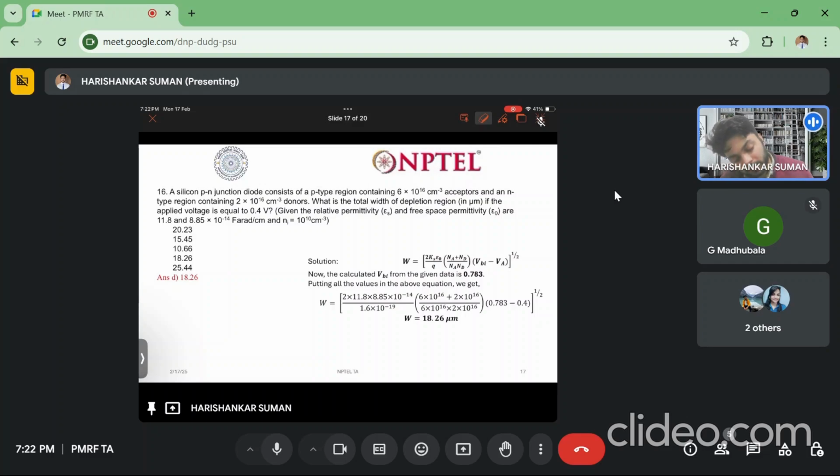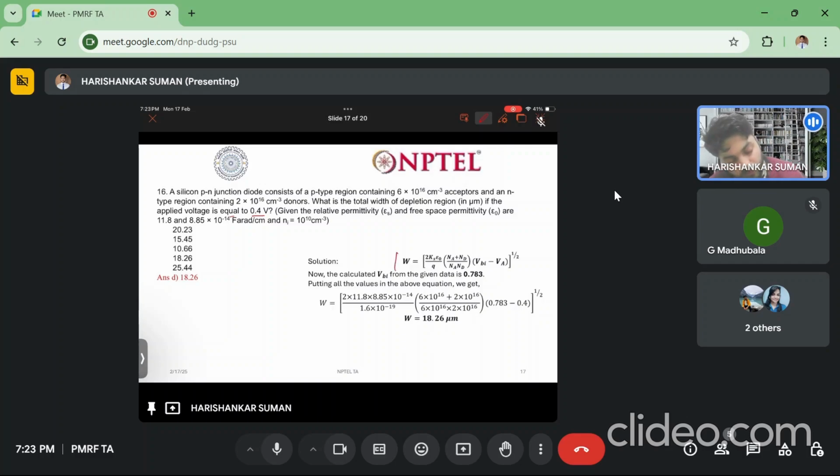What is the total width of the depletion region in micrometers, if the applied voltage is 0.4 volt? These are the given values of permittivity and free space permittivity.